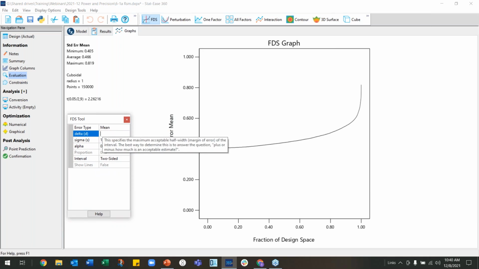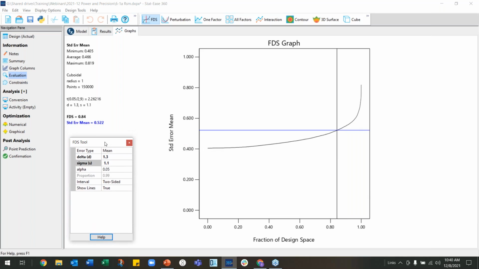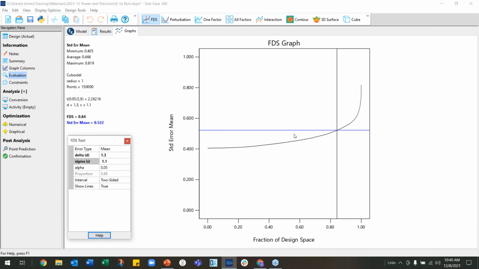And then we need to put into the FDS tool our worst case delta, which was 1.3, and sigma, which is 1.1. After that information is put in, a crosshairs is put on here, and it converts this sigma of 1.1 into the equivalent standard error of a mean. So there's just a little math behind the scenes that's done. And then we figure out how much of the design space can fit to that precision.